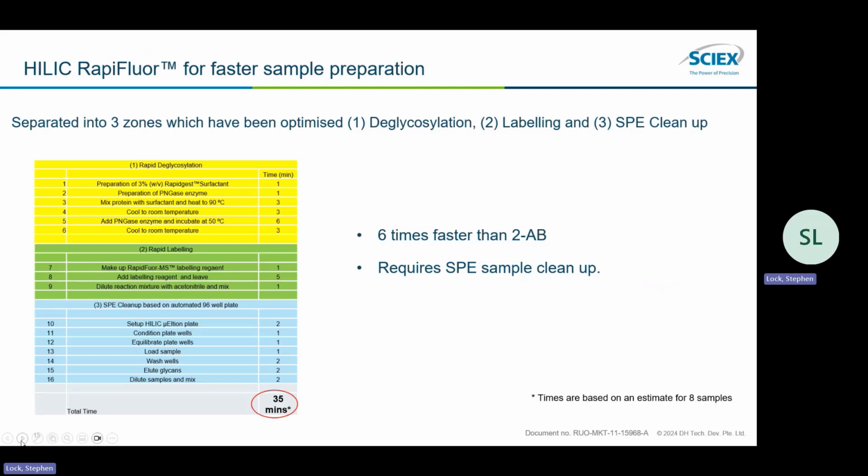So this is, I would say, the way a lot of people now do HILIC N glycan analysis, using RapidFluor reagent to label the glycans before they analyze them by HPLC. The one thing to bear in mind is that this type of reagent typically requires SPE sample cleanup, so it can be slightly more expensive than other forms of derivatization because of the SPE required.